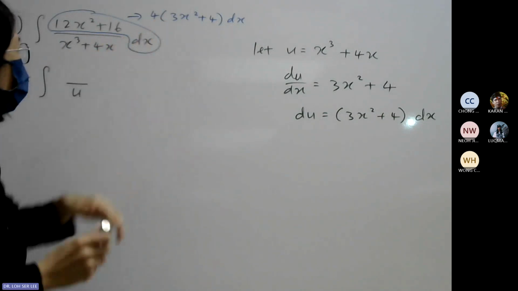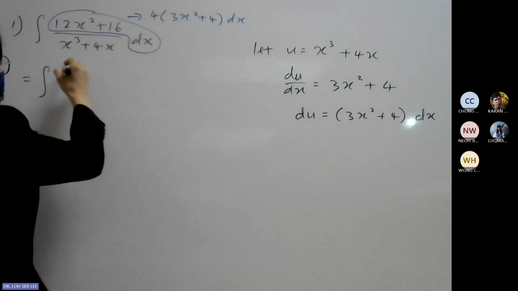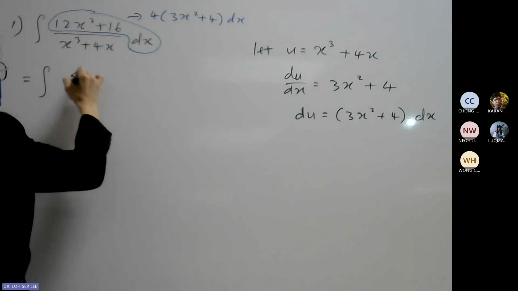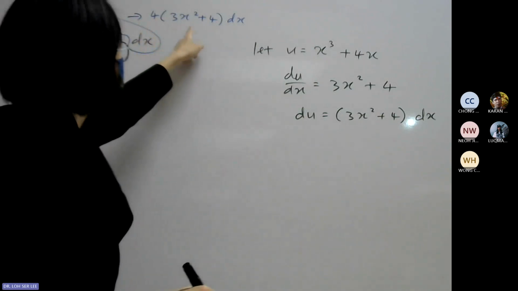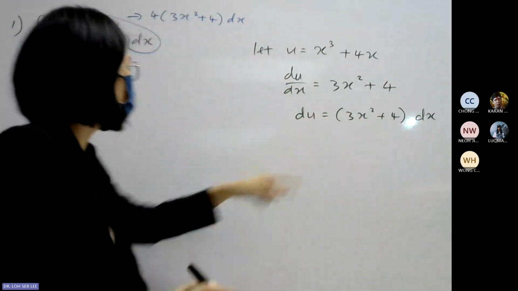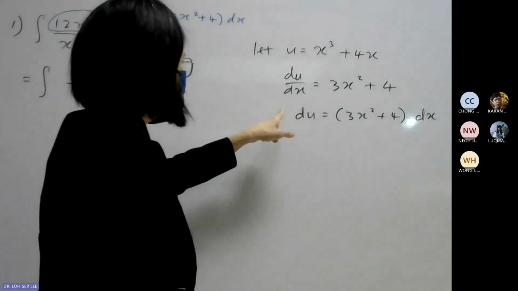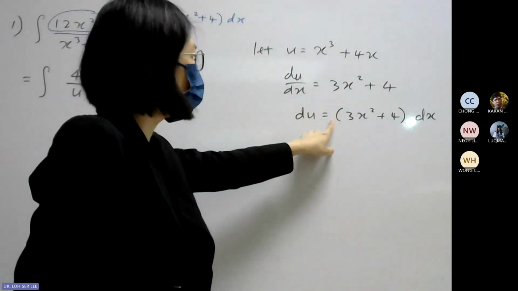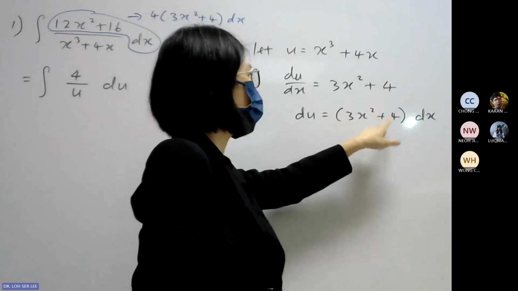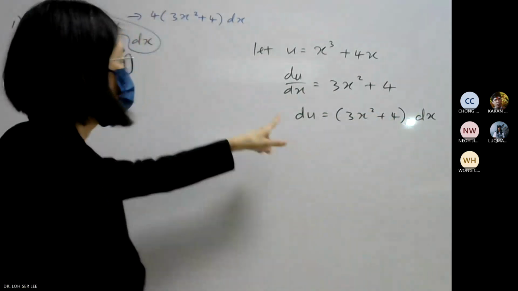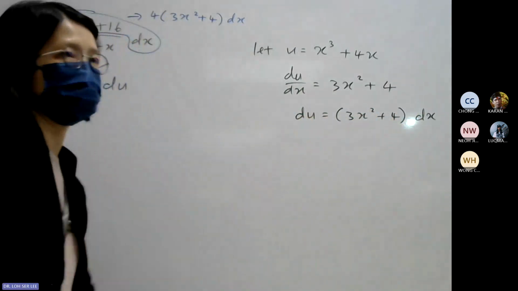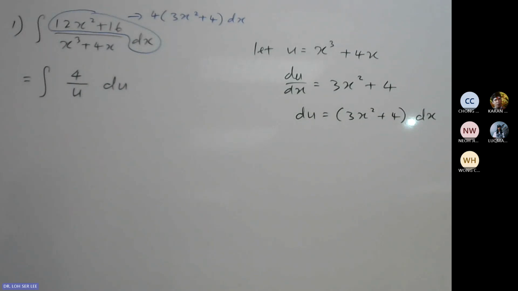So you can factorize the 4, and this one you replace by du. Or here you can multiply a 4, so that you have 12x squared plus 16 dx, and here will be 4 du. Either way.